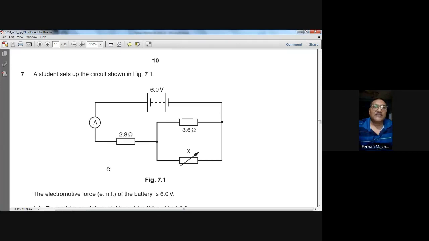So I will take one connection from here, one connection from here, and here I will connect a voltmeter.